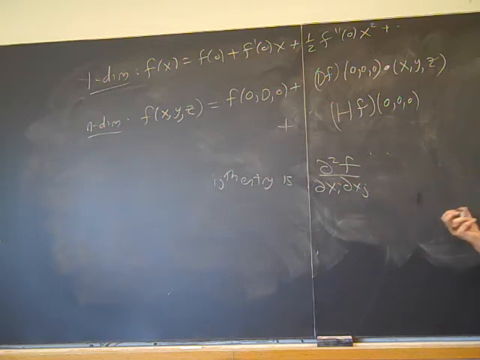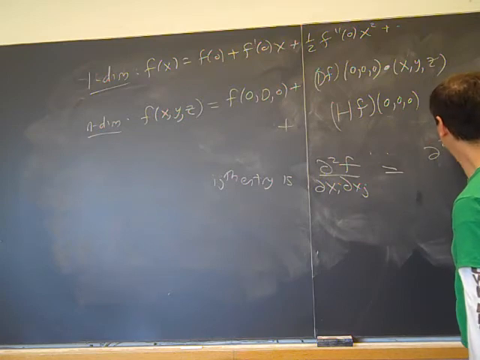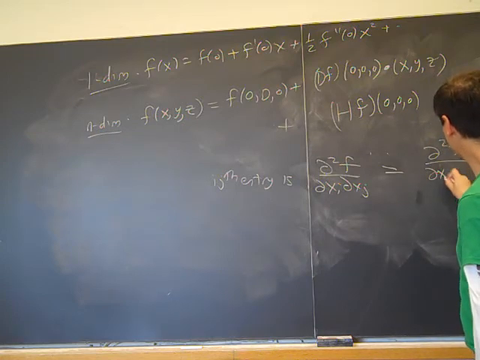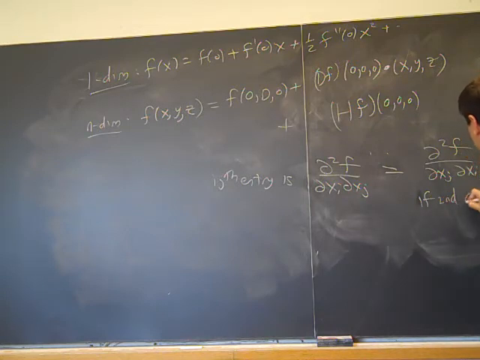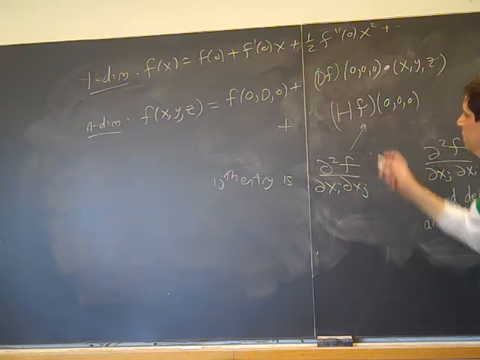You always have to remember which way it is. Fortunately, if your second derivatives exist and are continuous, the two of them are the same. So this equals d squared f dxj dxi if second derivatives are continuous. This is the matrix elements.